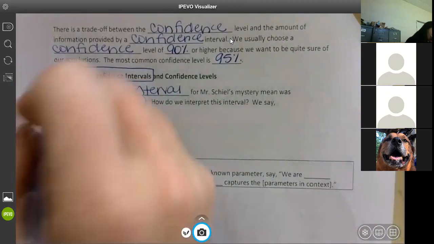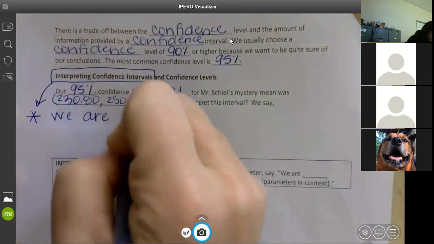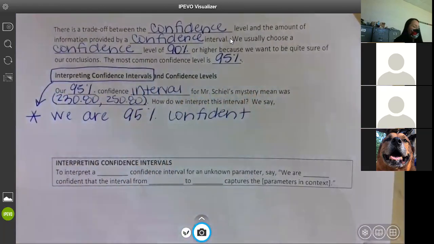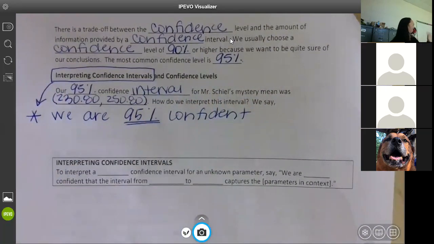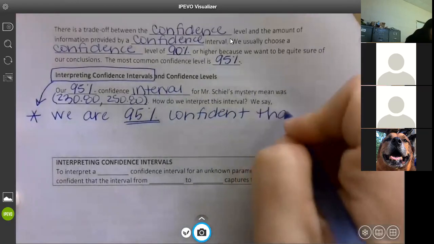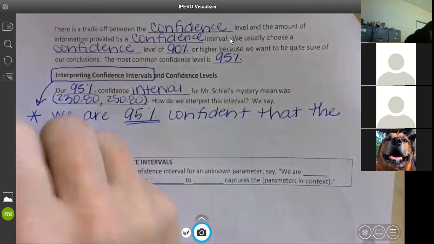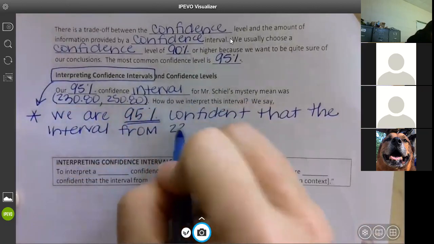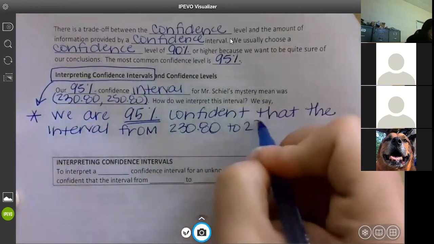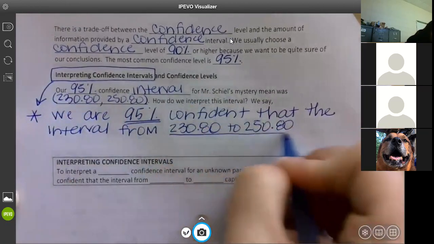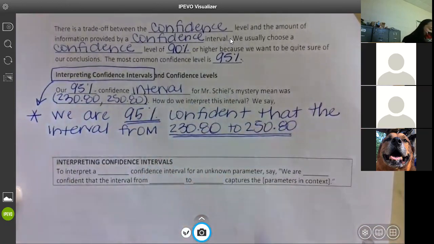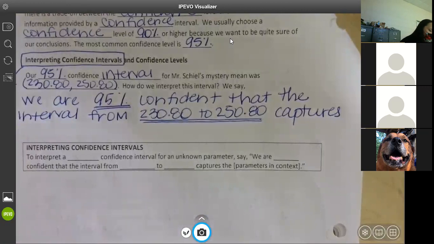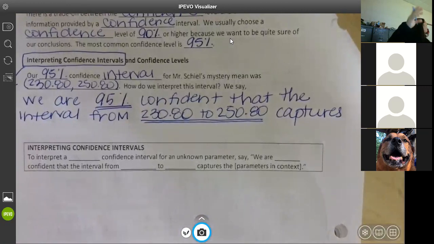We are 95% confident, and that 95 could change depending on what they give you, so that's a variable right there, that the interval from 230.80 to 250.80, and that is another variable in this, captures, and then the last one is in context of the problem, whatever we were trying to capture.